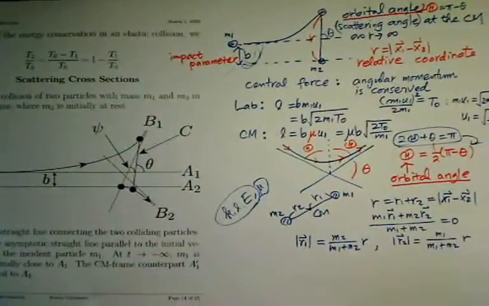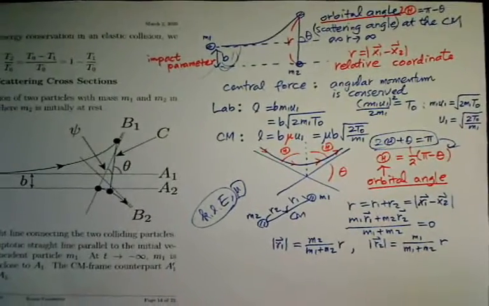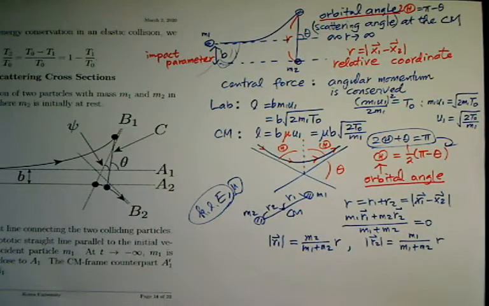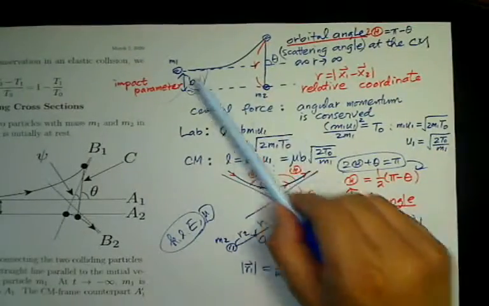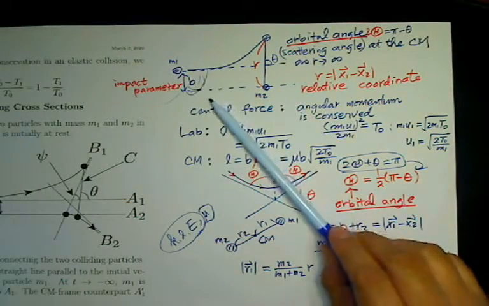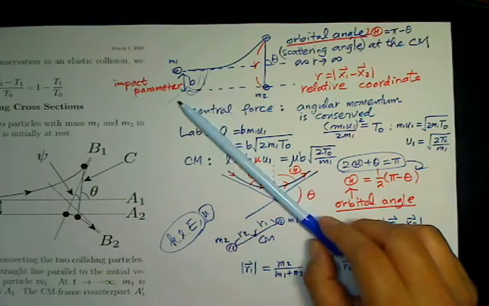Cross-section is related to the scattering. The scattering interaction probability is closely related to scattering, and this is an example. M1 and M2 collide, and this is the impact parameter.